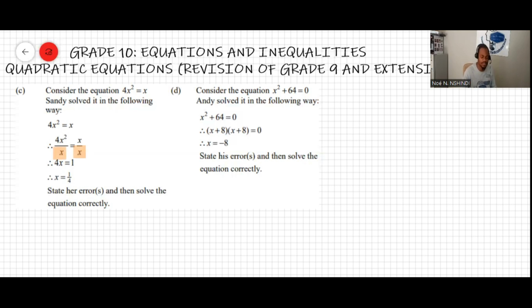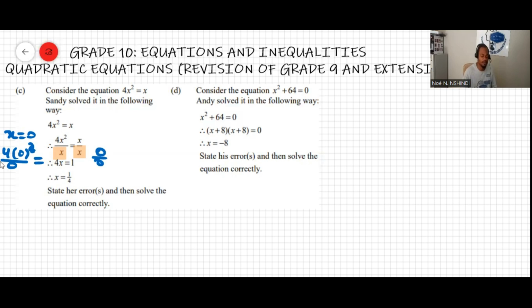Why am I saying that? x is a variable, not a constant. A variable can be anything. So in case x was equal to 0, see what will happen. If x is equal to 0, then we'll have 4 times 0 squared over 0 equal to 0 over 0. What is 0 over 0?